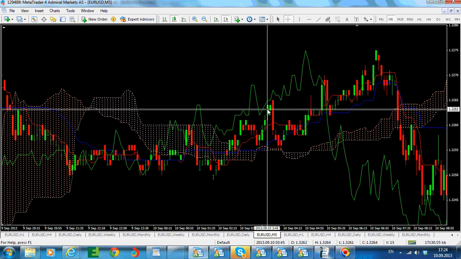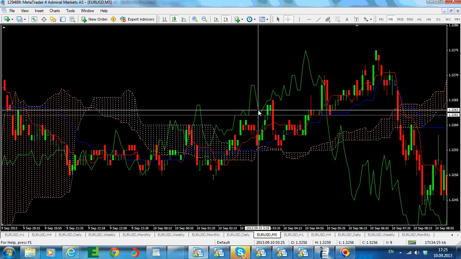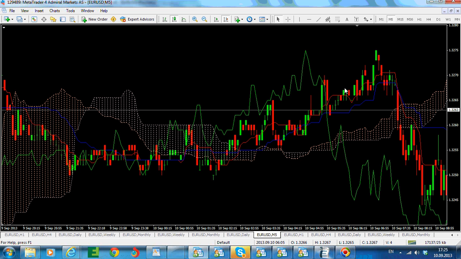Chikou here, 26 periods before, is having no resistance in front of it. It is in the so-called free zone. So by the time the Chikou is approaching the candles, right here 26 periods from now, we are looking to buy binary options, and this is our moment of time.